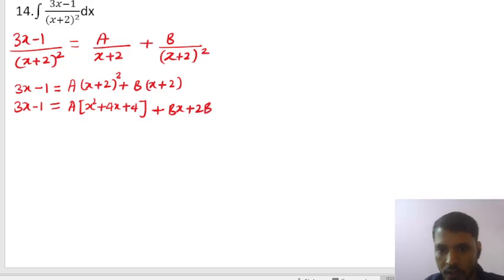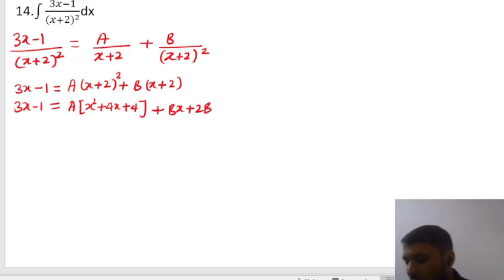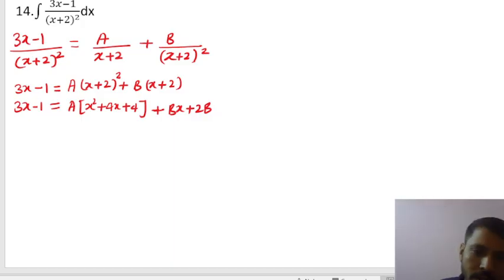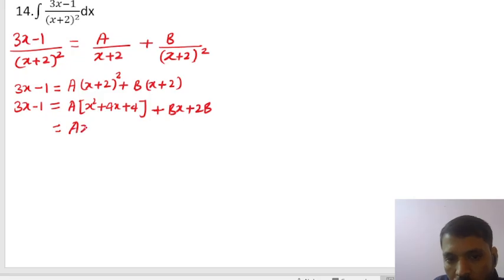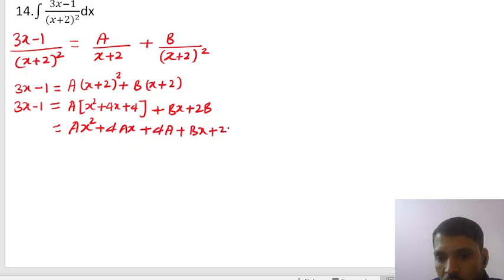All right, now we are going to simplify this first bracket. So it will become a into x square plus 4a into x plus 4a. All right. Now the second term bx plus 2b as it is.